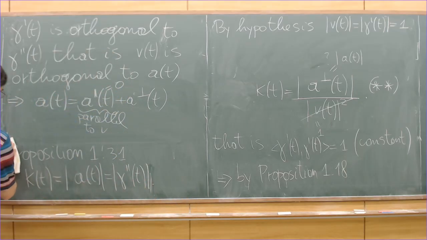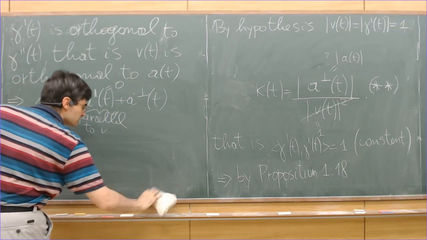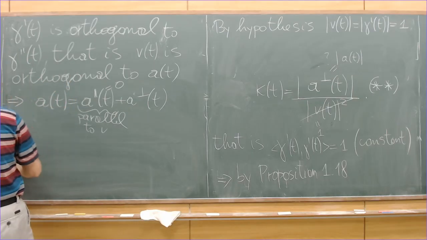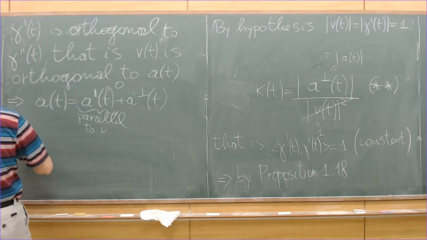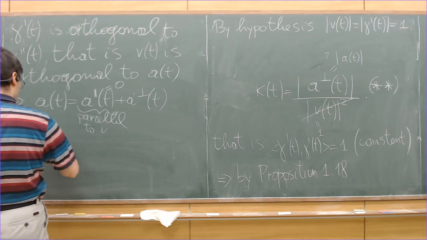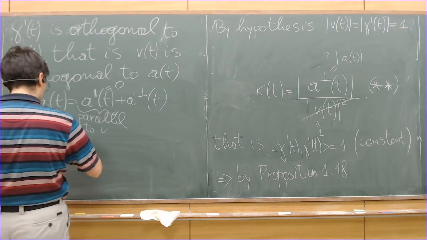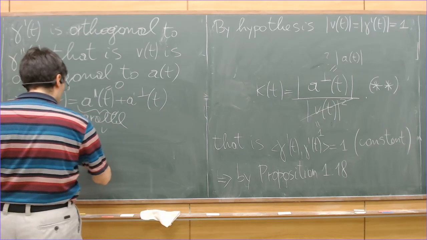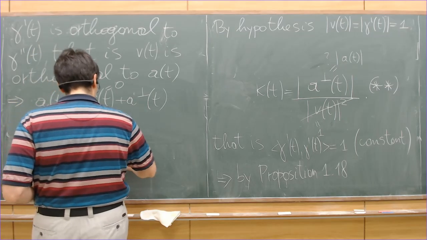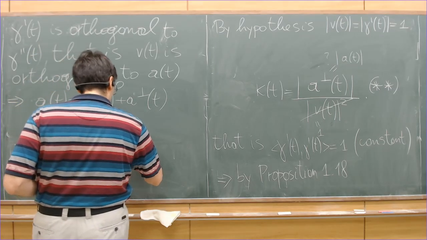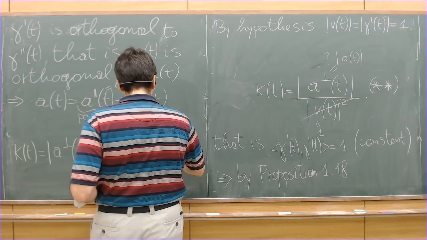And this is the end of the proof, because we proved that k of t, given by definition by this formula, coincides with the length of A of t. And this is, by definition, gamma second of t.